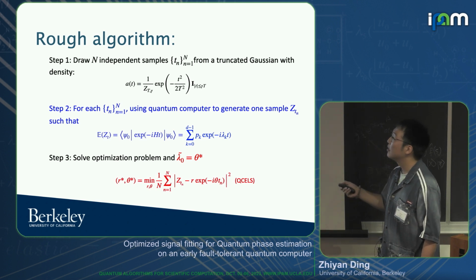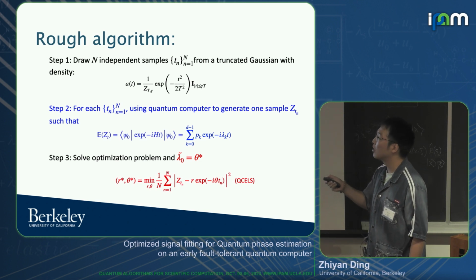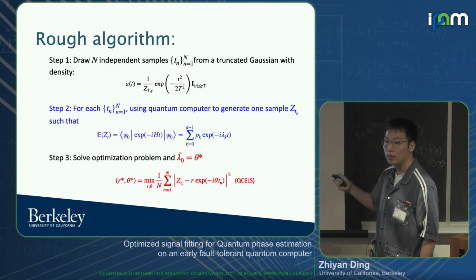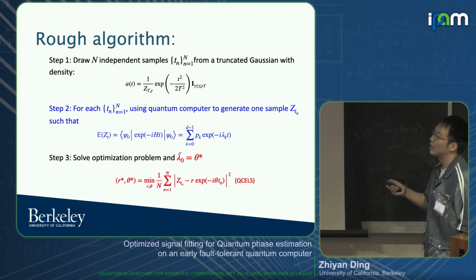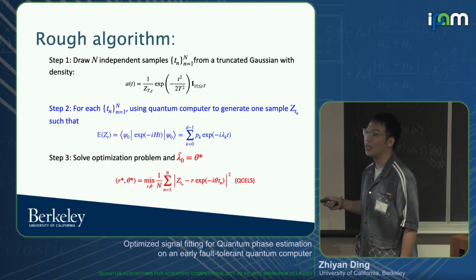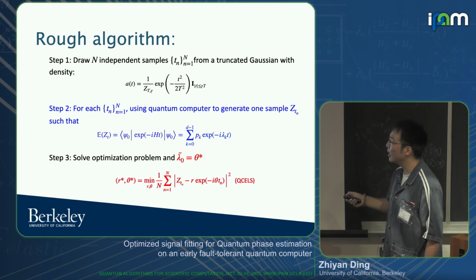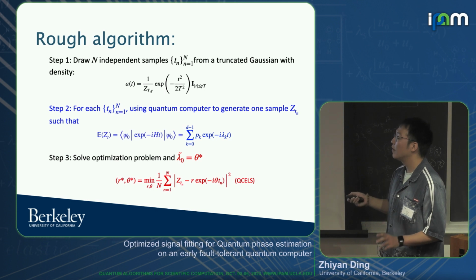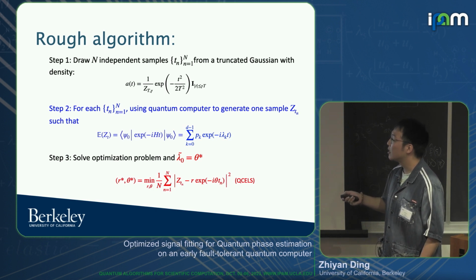Then in step 2, I put this Tn into the quantum computer and generate a bunch of signal Ct. And the interesting thing is, for each Tn, I only need to generate 1 sample. Then after I generate this sample, I formulate this optimization problem. One intuitive way to understand it is, you can imagine this Ct is a signal.